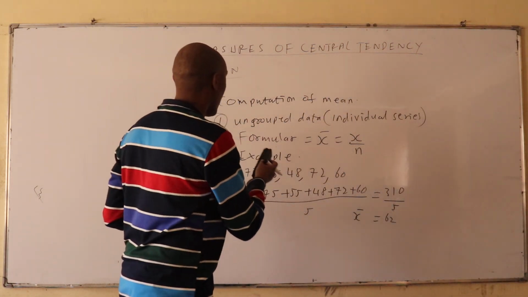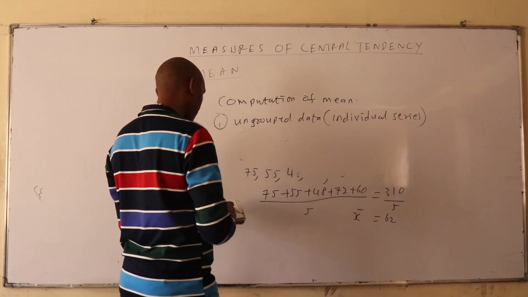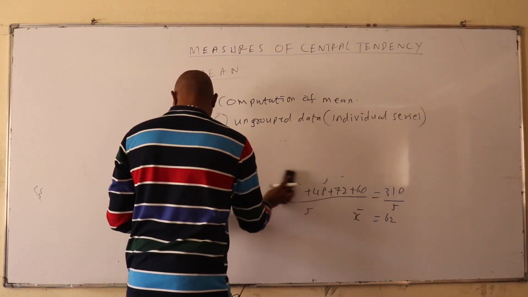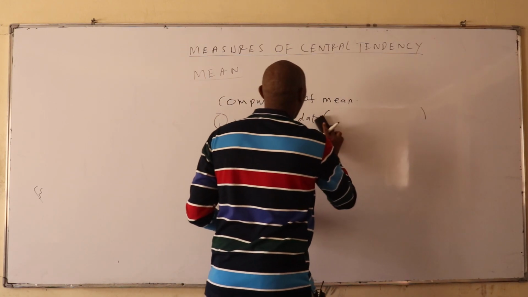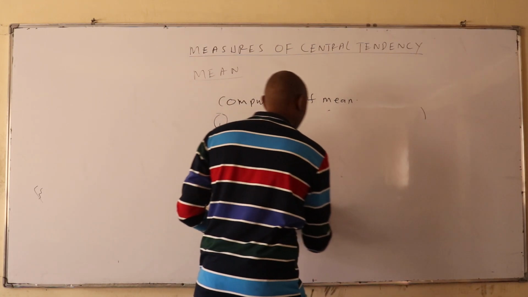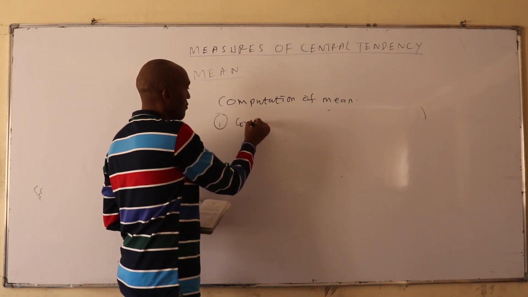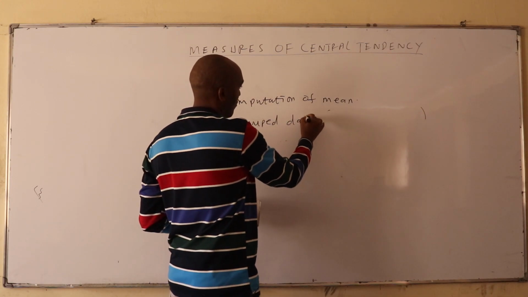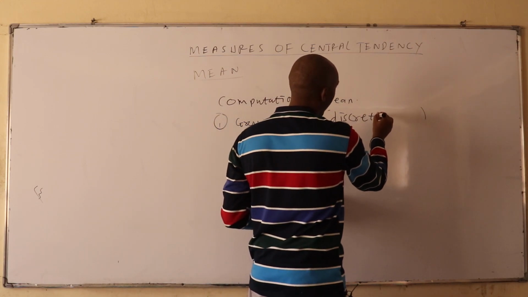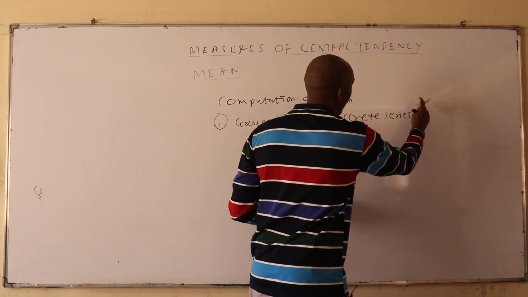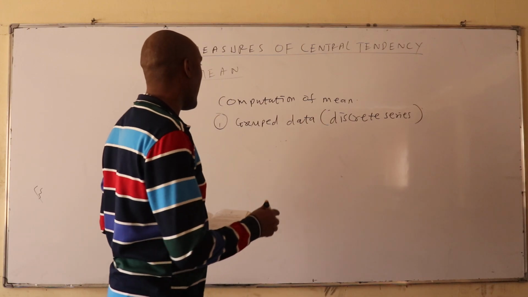Therefore, we go to computation of mean number 2. The second one, we are going to look at grouped data, discrete series. Here the formula changes.